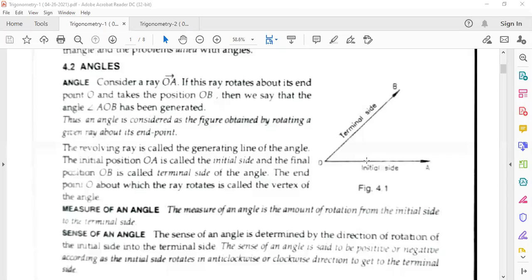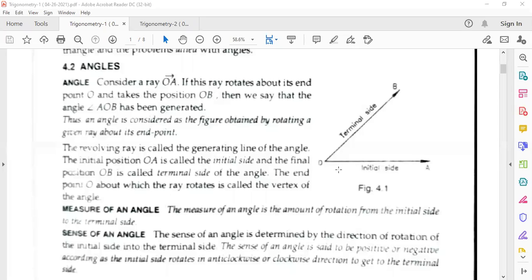We know that in trigonometry there are two kinds of measurement of the angle. When two rays meet at a point, an angle is produced. Here OA and OB, both rays, meet at the point O, so this is the angle. It is formed with the help of two rays.